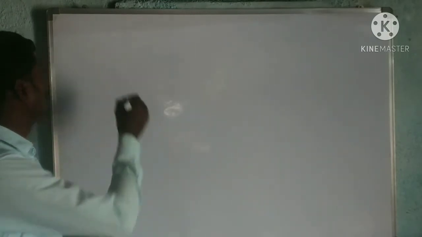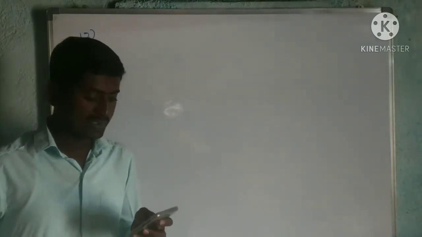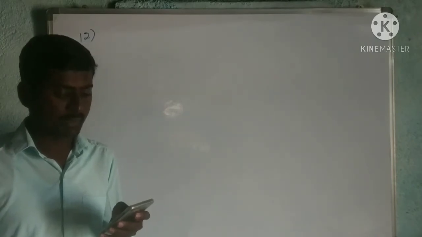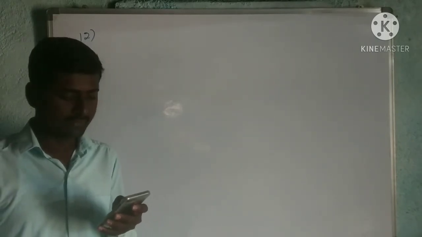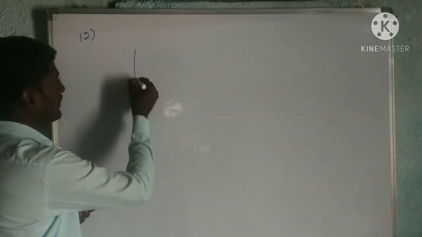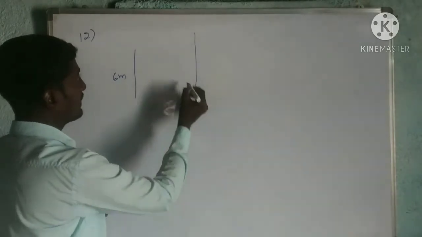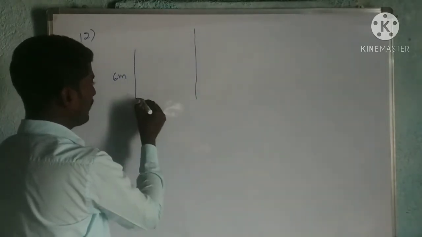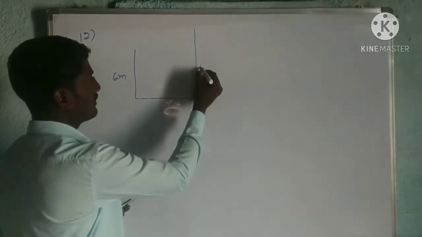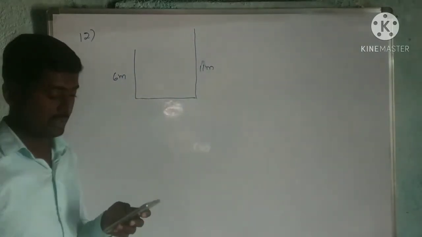Next, question number 12. Two poles of heights 6 meter and 11 meter stand on a plain ground. So there are two poles. The height of those poles is 6 meter and 11 meter. They are standing on a plain ground. This is a plain ground. So this is 11 meter height.